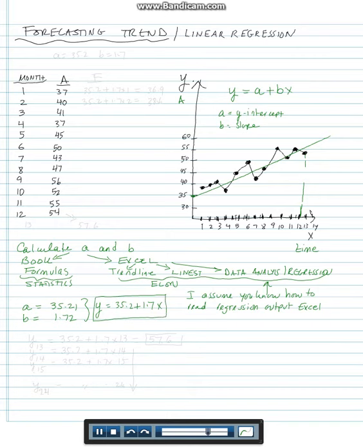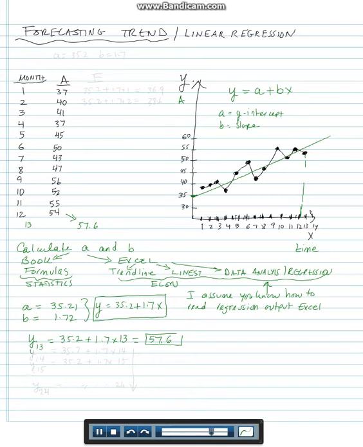So if I do want to find the forecast for period 13, for example, all I have to do is y for period 13 is 35.2 plus 1.7 multiplied by 13. That would give you 57.6 almost. That would be January of your next year, the forecast for January of your next year.